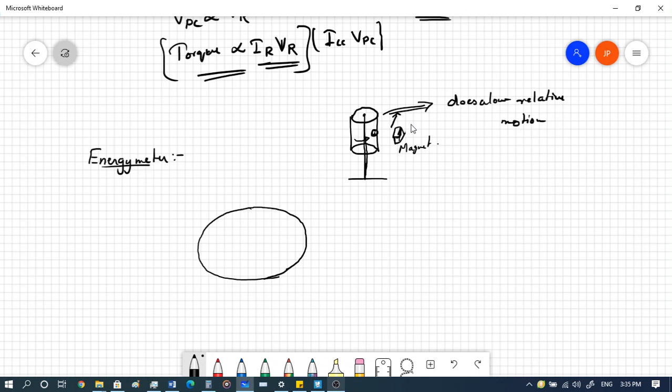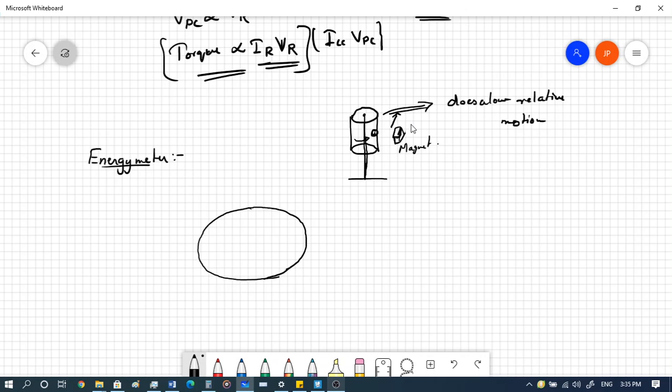But how can we do it without having any moving parts? If you want to move this aluminum disc without physically moving any other magnet or electromagnet, the only way possible is by having a rotating magnetic field, right?